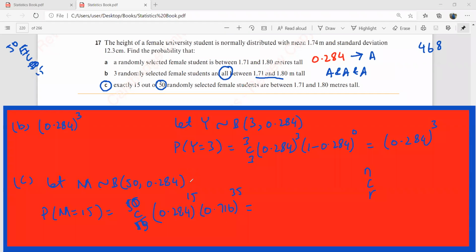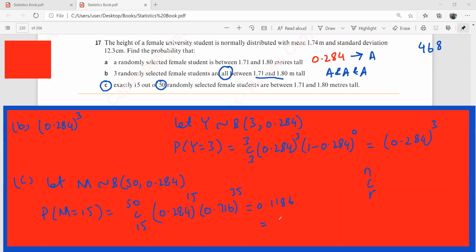So this was the solution to this. Let me write this neatly. This was in fact a blunder that I was making here. So this has to be 50C15. Okay, so this is 0.1186.